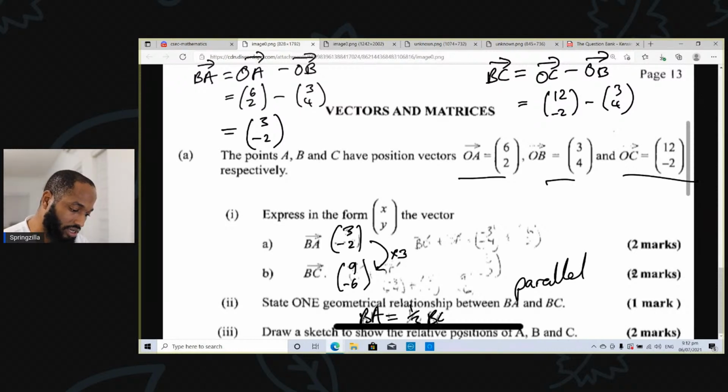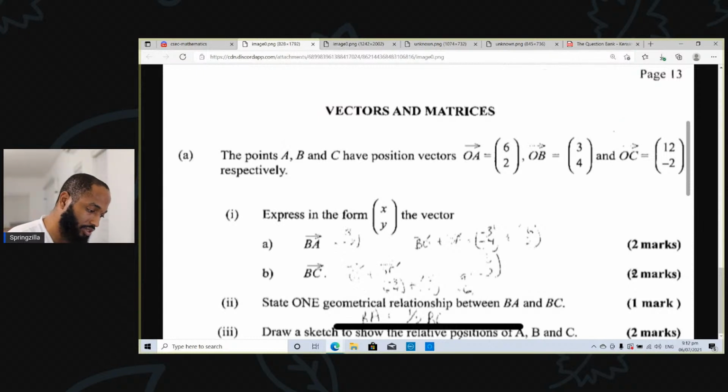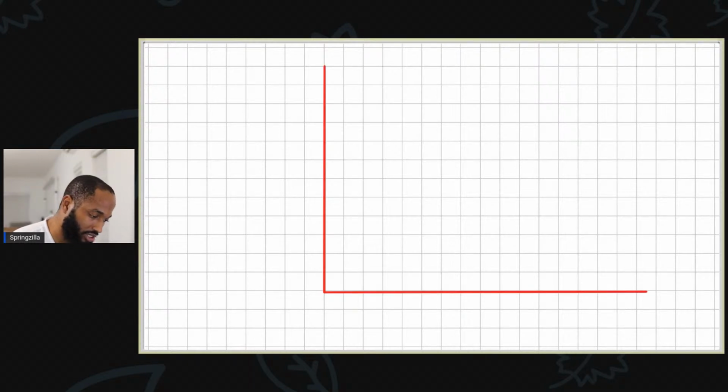A, B, and C. We're going to show the relative positions of A, B, and C on a sketch.